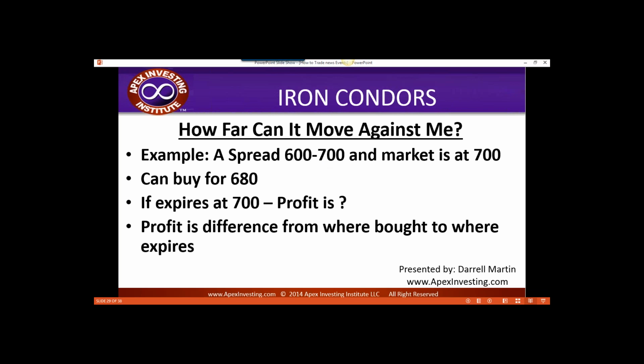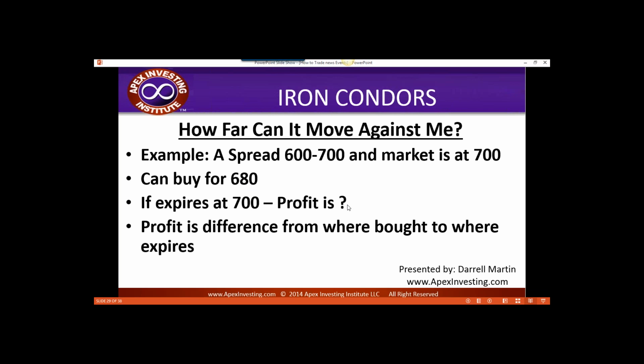On a spread, your profit is the difference between where you buy into the spread and where you get out or where it expires. So the bottom is 600, the top is 700, the market's at 700. If I can buy it for 680 and it expires at 700, how much can I make? Well, the difference is 20. I can make 20 bucks, right?